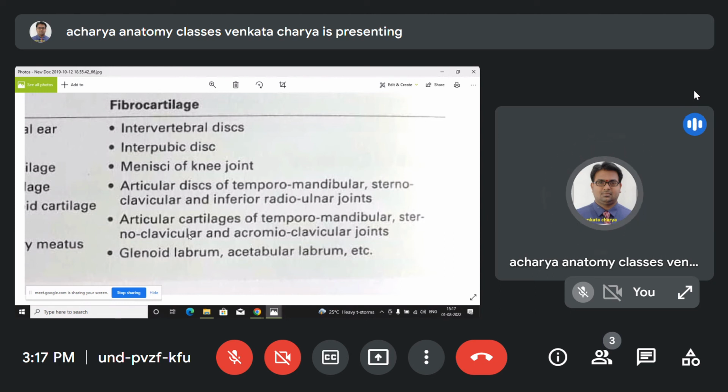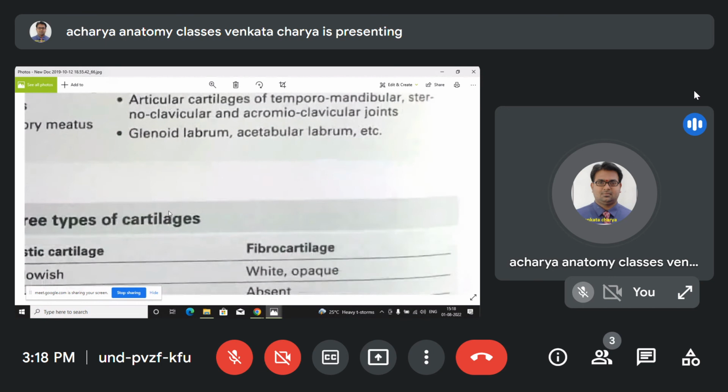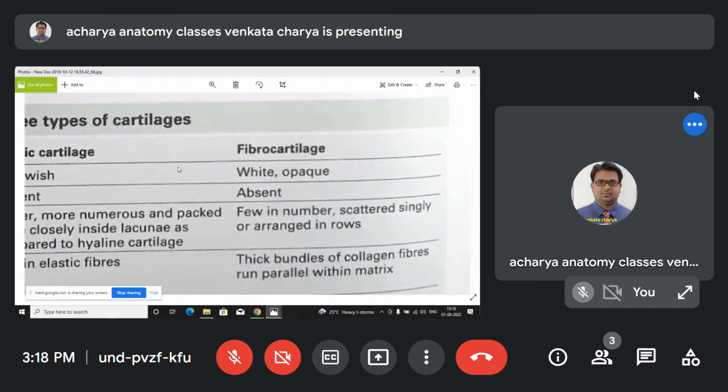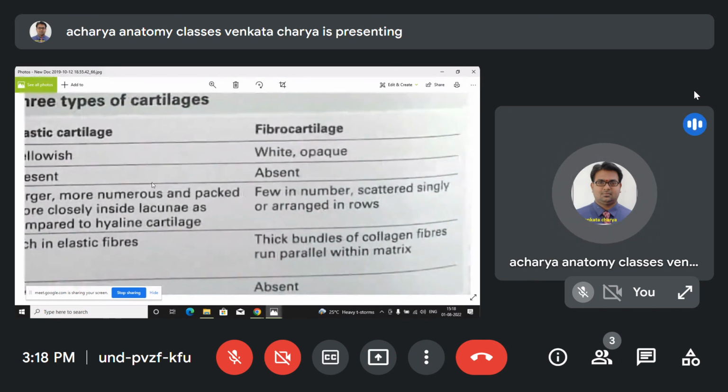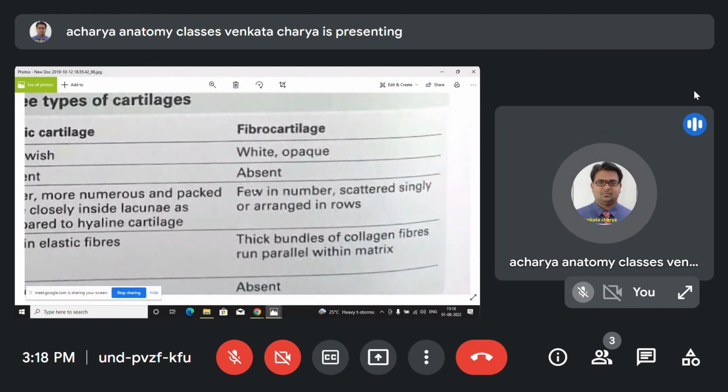In the same way, the acetabular labrum is present in the inner aspect of the hip joint, a cartilaginous ring which produces more space to the joint. Okay. So these are the fibrous cartilages. Fibrous cartilage color is white.